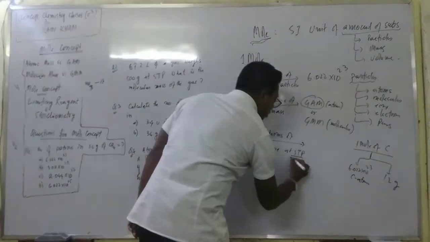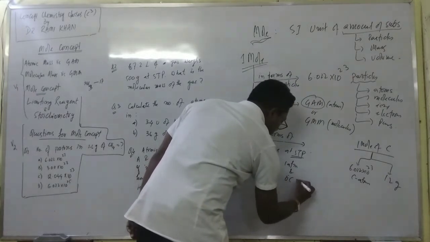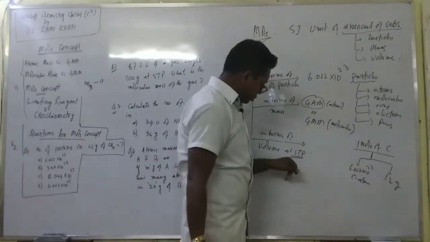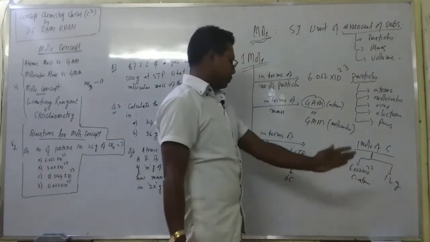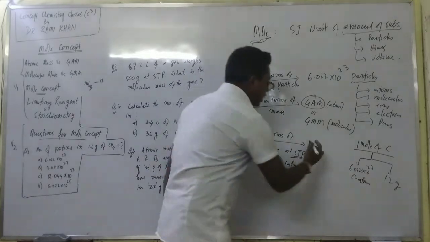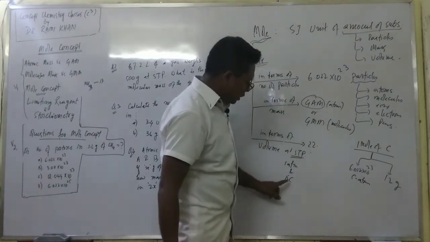This is nothing but 1 atm pressure and 0 degree centigrade. These are standard temperature and pressure. Now 1 atm is changed into 1 bar, that will give here 1 atm pressure and 0 degree centigrade.